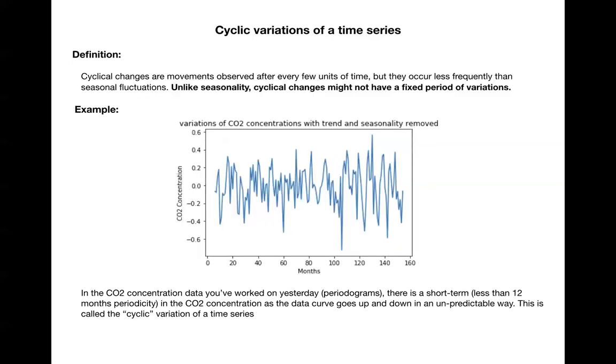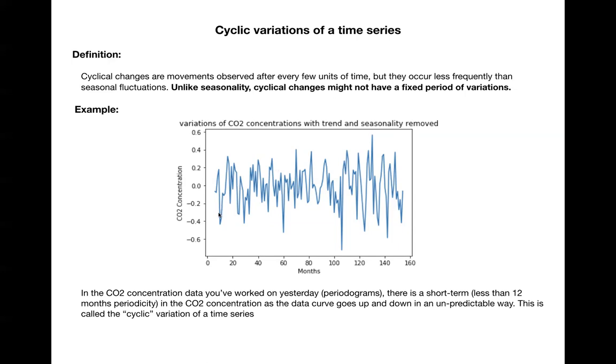All right, the next one is cyclic variation. Cyclic changes are movements observed after a few units of time, but they're usually less frequent than seasonal variations. Unlike seasonal variations, cyclic variations may not have a fixed period. For example, this is the variation of CO2 after removing the trend and the seasonality.